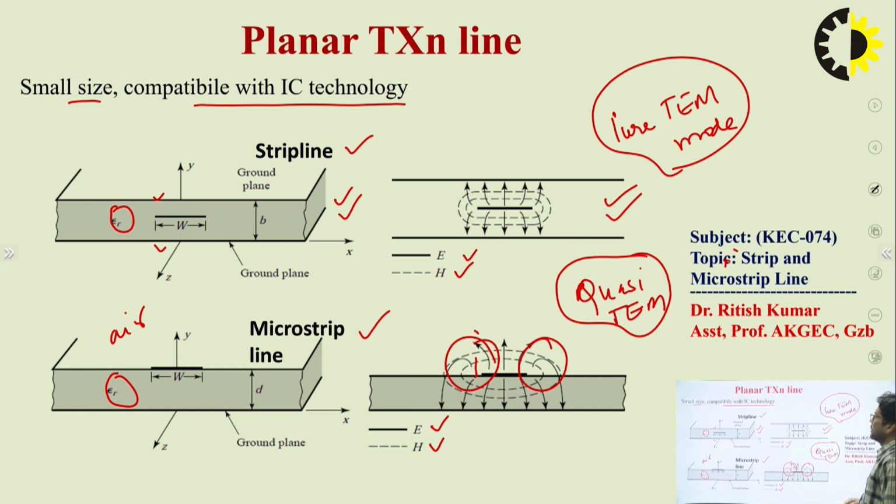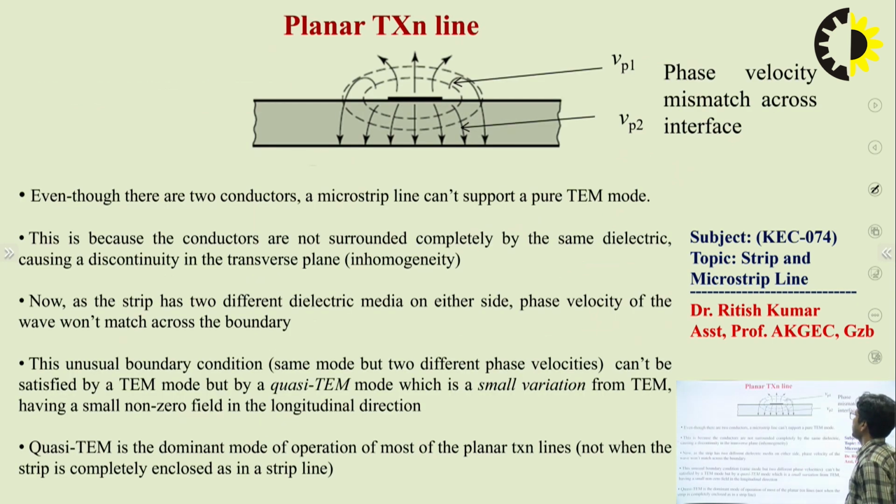So as we can clearly see in this slide about the strip line, microstrip line, you can clearly see here, upward side the phase velocity will always be vp1 and the phase velocity inside the dielectric media vp2.